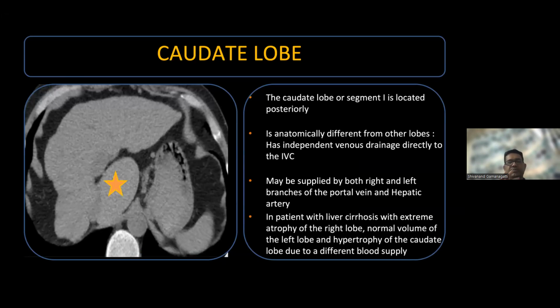Because of its peculiar anatomy and vascular architecture, it is relatively spared in most diseases, especially in cirrhosis, where you will see hypertrophy of the caudate lobe, and also in Budd-Chiari syndrome. It is called segment 1.